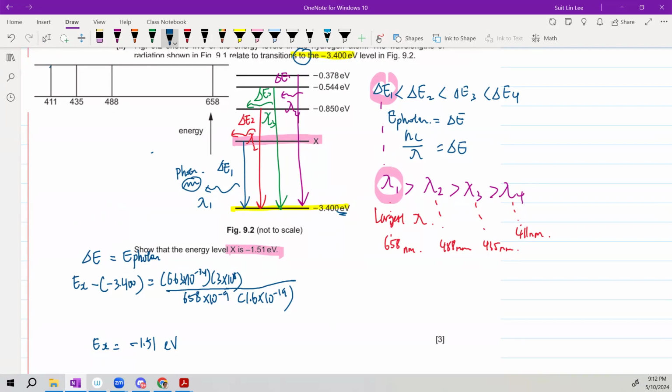Right, very good. Because this one basically goes EX plus 3.400 is 1.889.